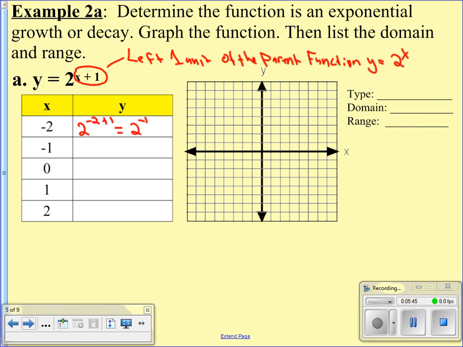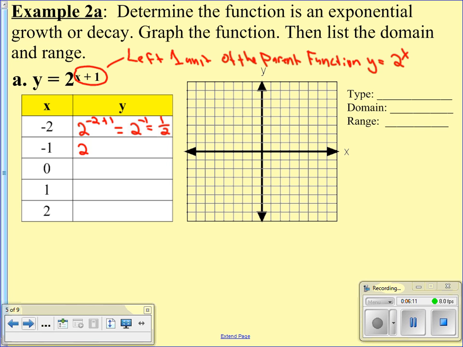Remembering back to 7-1, the negative does not determine if it's a negative value. The negative tells me to do the reciprocal. So I do 2 to the first power, which is 2, but then the reciprocal of that would be 1/2. Remembering that negative exponents make it a fraction, or flip it around.